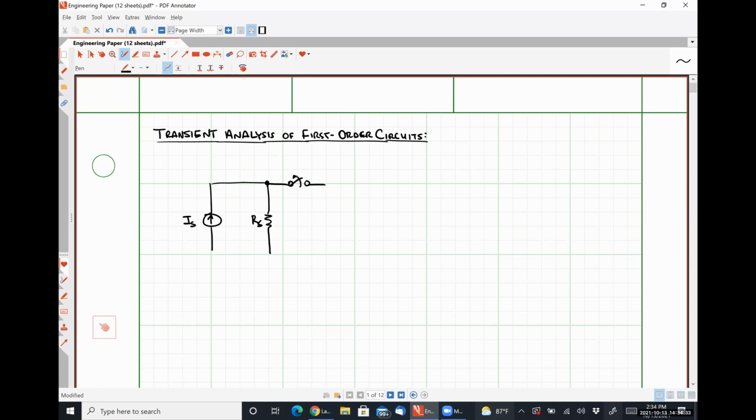And this switch is going to open at a specific point in time. And this practical current source is connected to a resistor R and an inductor L. Like so. Okay.